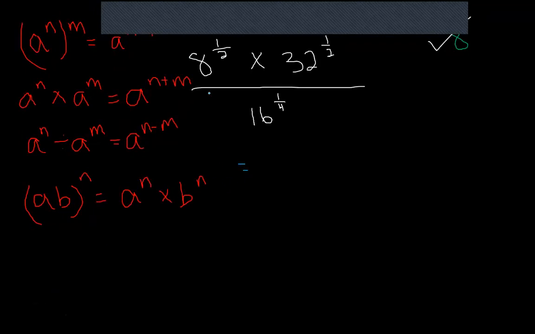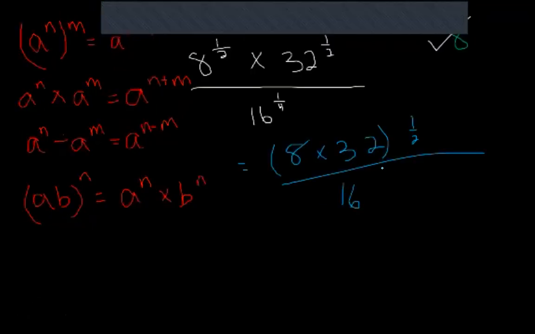That means that 8 to the power of a half multiplied by 32 to the power of a half, both of them have the same powers. So I could say, according to this rule, that this is the same as 8 multiplied by 32, and this whole thing raised to the power of a half. And then you still have your divided by 16 to the power of a quarter.